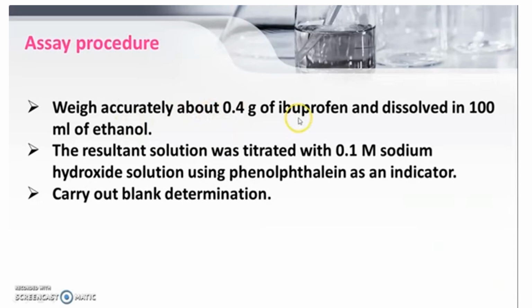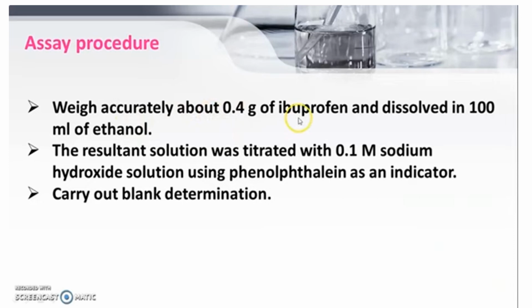Once you observe the pink color, immediately stop the titration and record the volume consumed at the end point, as your burette reading data. Finally, carry out the blank determination.